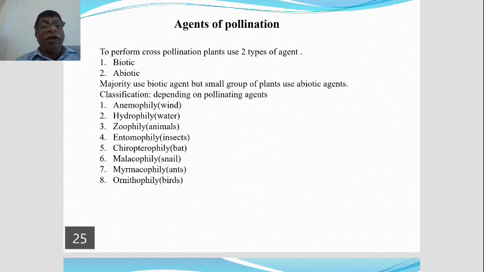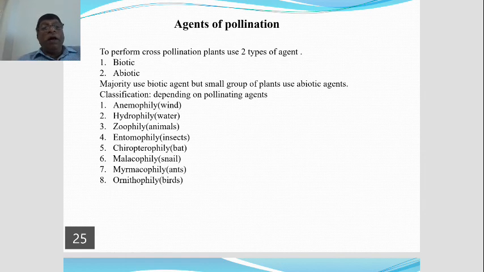Arboreal means rats that live on trees. Reptiles, say, one reptile called gecko, which is a flying lizard, may bring about pollination.